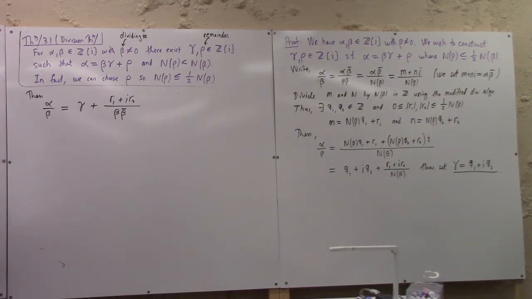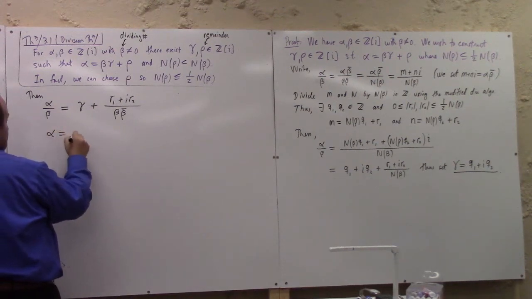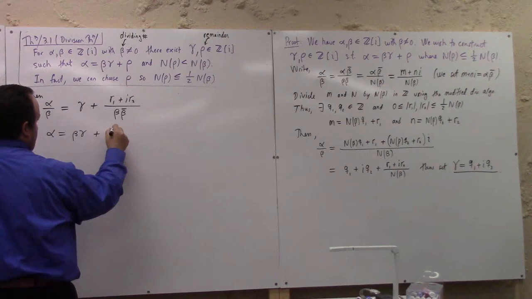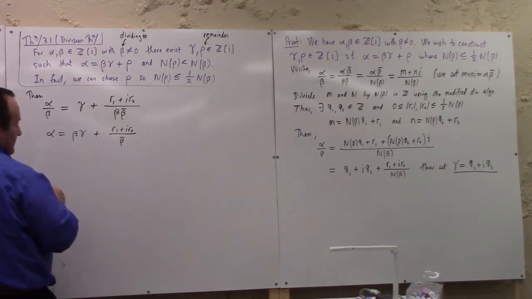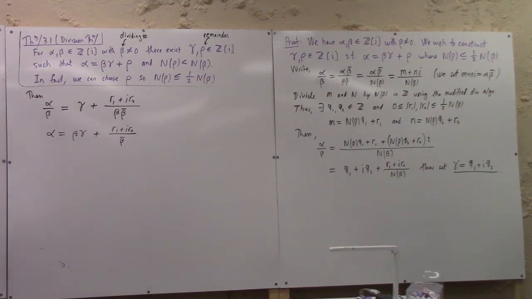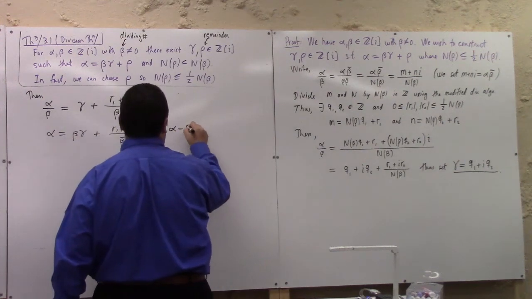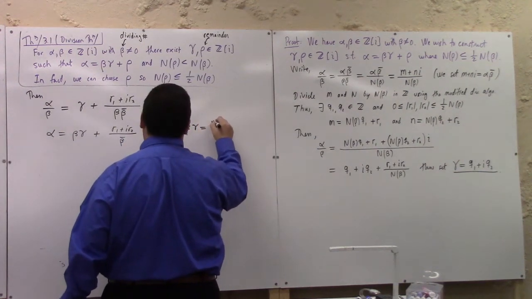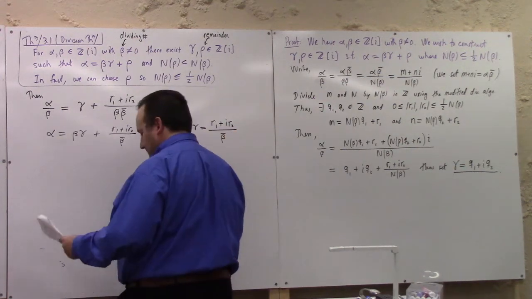And okay, so multiply this equation by beta. We get alpha equals beta gamma plus R1 plus iR2 divided by beta bar, right? Multiplying by beta, which then gives us the equation that he writes, which is that alpha minus beta gamma is equal to R1 plus iR2 divided by beta bar, right?